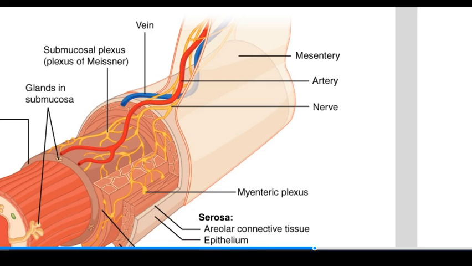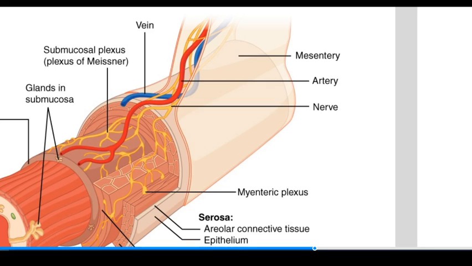And the extension of the serosa between the organ and the wall of the body cavity is called the mesentery, and it contains arteries and nerves, veins, and, not pictured here, also lymphatic vessels. The serosa of the digestive system is also called the peritoneum, and the abdominopelvic cavity can sometimes be referred to as the peritoneal cavity.